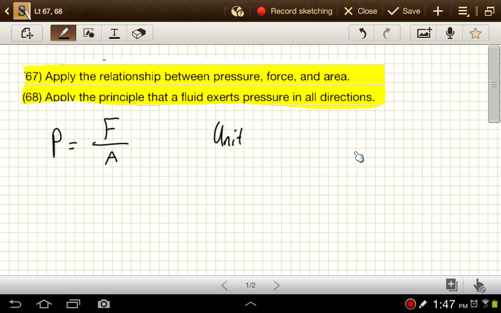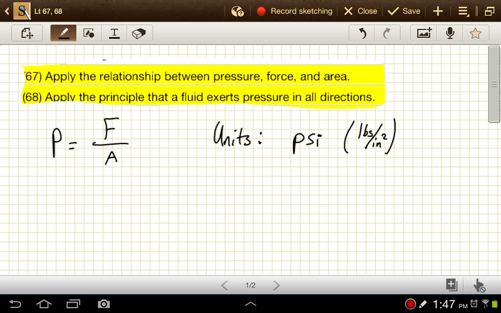Now, pressure has a lot of different units that we work with. One that we're probably most familiar with in the United States would be pounds per square inch, or PSI. You might write that as lbs per inch squared. Usually just PSI, though. So that's familiar to us, but it's probably not going to be one that we use all that much for our calculations and our final answers, just because it's not metric system.